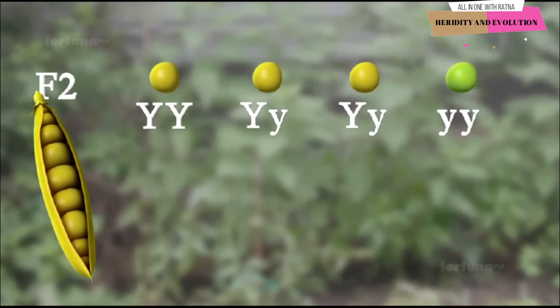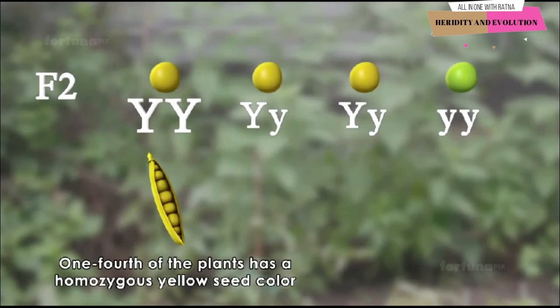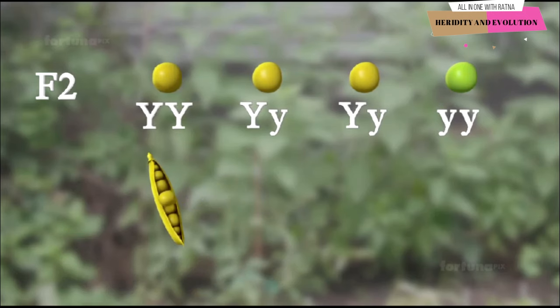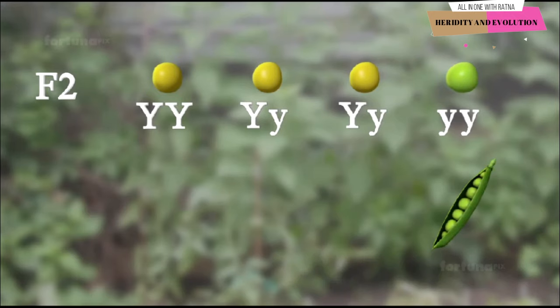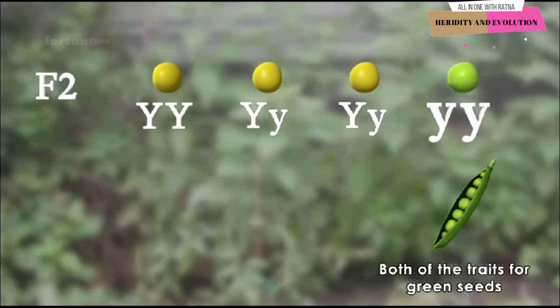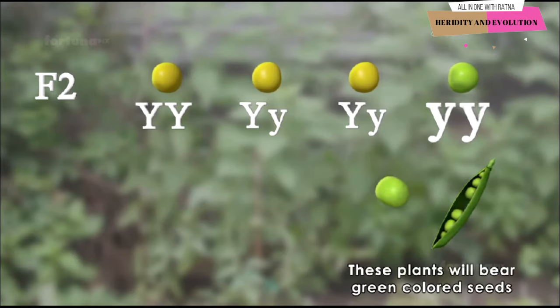In the F2 generation, 1/4 of the plants has a homozygous yellow seed color and will produce yellow seeds. 1/4 of the genotypes show a homozygous recessive nature, that is, both of the traits for green seeds. These plants will bear green-colored seeds.